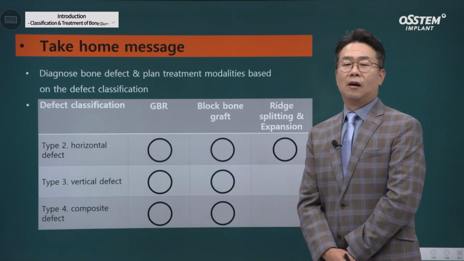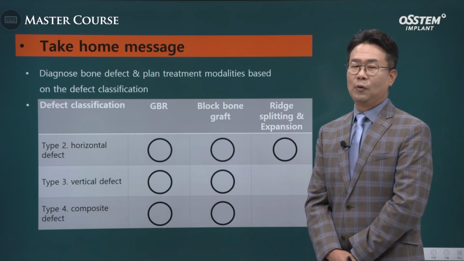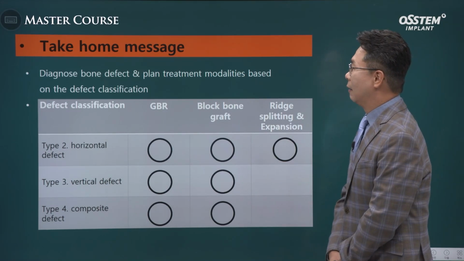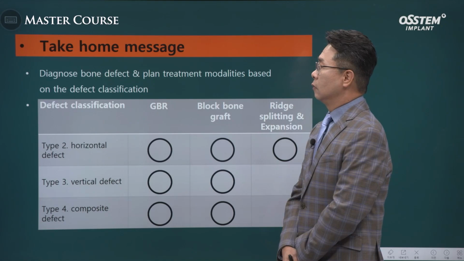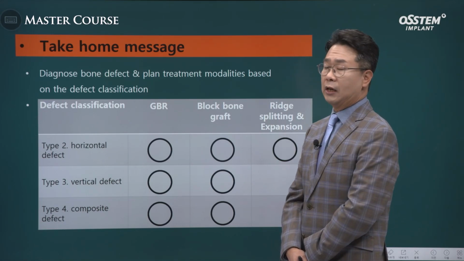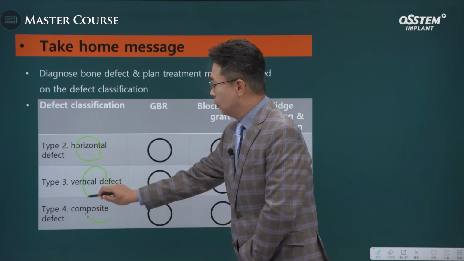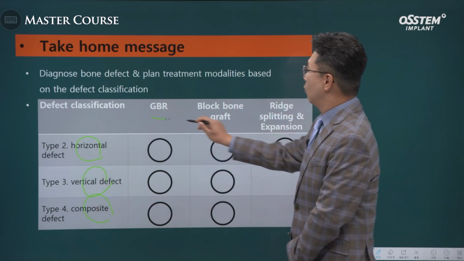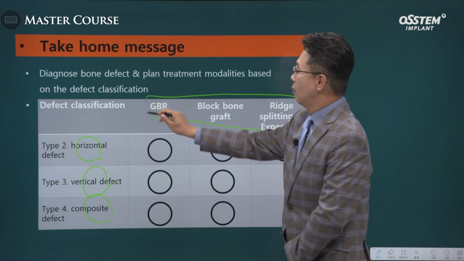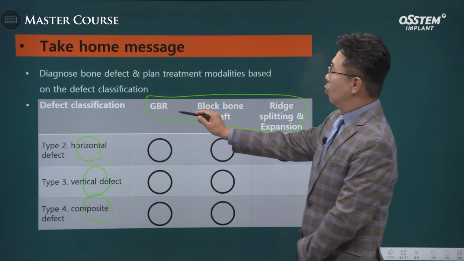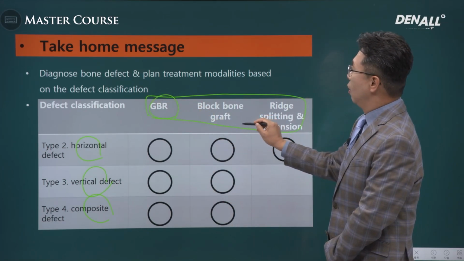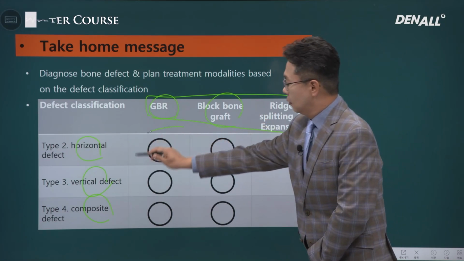I will now summarize the discussion that we've had about the bone defect and how to treat them. Except for extraction socket, there can be 3 different treatment modalities for horizontal, vertical, and composite defect. You can utilize GBR or block bone graft in all cases.